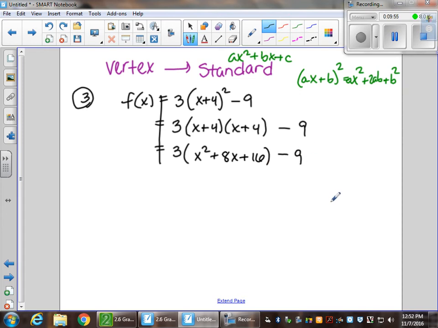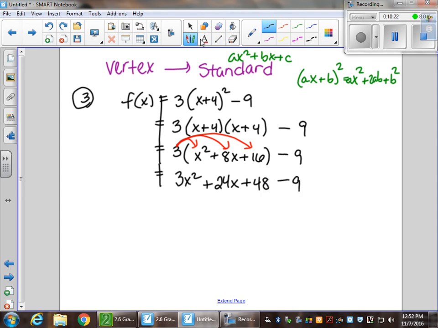We're going to distribute a. So 3 times x squared is 3x squared. 3 times a positive 8x is a positive 24x. And then we have 3 times a positive 16, which is positive 48, minus 9.